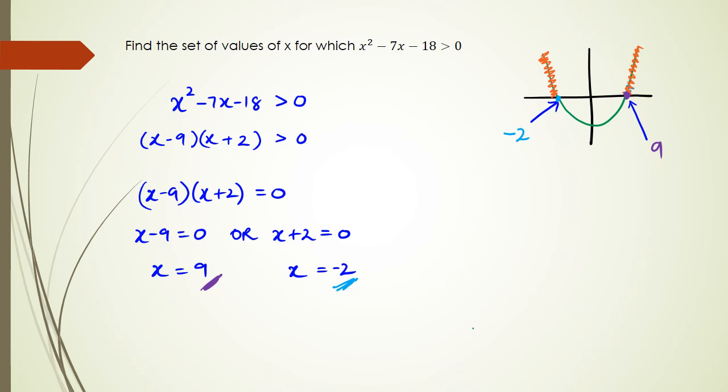We can just write a really quick statement that is something like this: x squared minus 7x minus 18 is greater than 0 when x is less than negative 2 and x is greater than positive 9. Just going to put that in different colors there. Okay, and that's basically it for this question, guys.